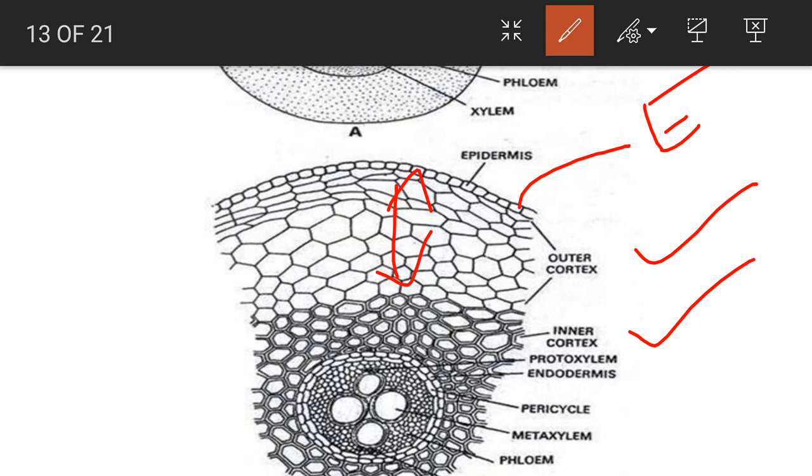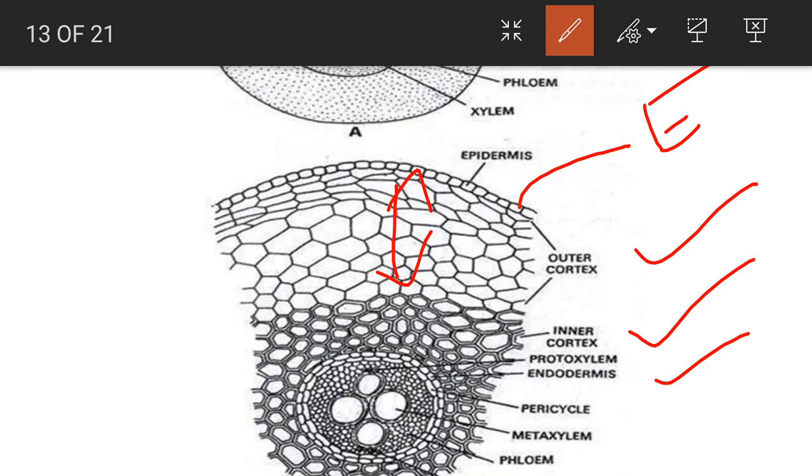Next is the central cylinder. The central cylinder, as you all know, is delimited by the boundary called the endodermis. Next to the endodermis, we find a single layer called the pericycle, and later in the central portion we find the stellar portion, which consists of the xylem and the phloem. When you talk about the xylem, we find two larger xylem vessels, the metaxylem, and then two smaller protoxylem which form the arms of the protoxylem.